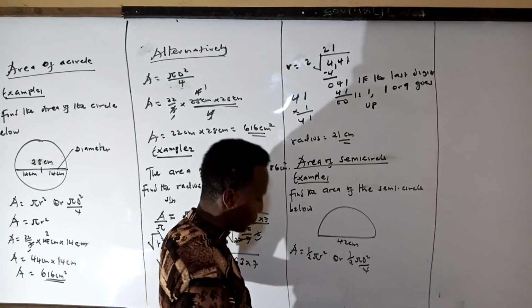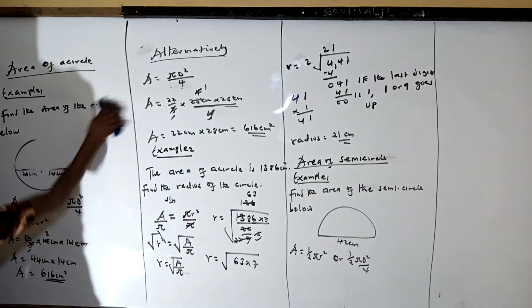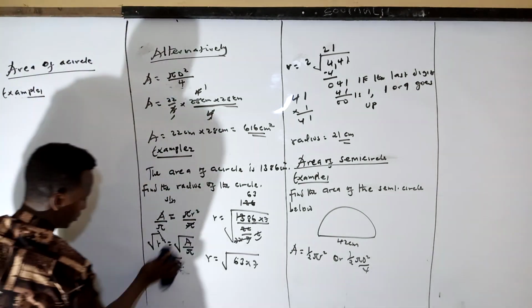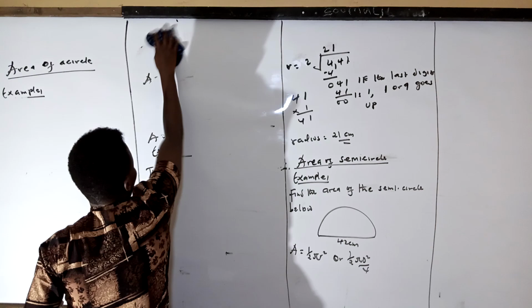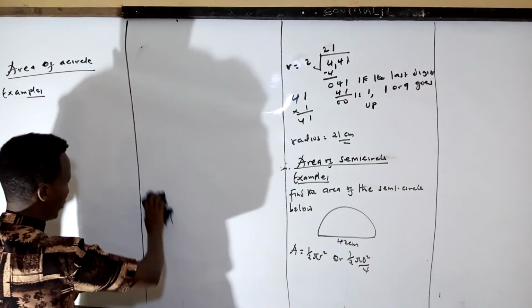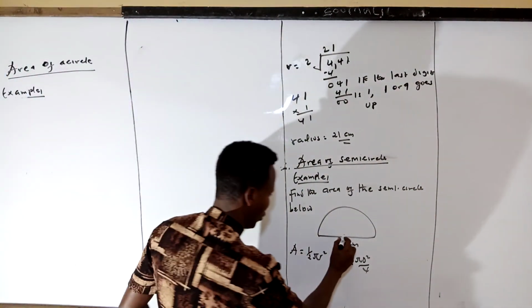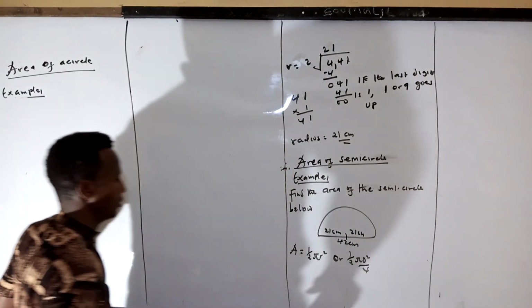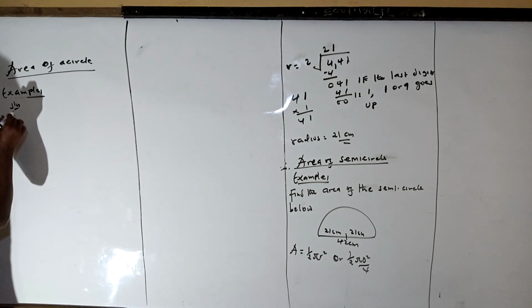Then from there I can move to this part. Getting the radius, it will be 21 centimeter. So now we can say, area is equal to, solution part.